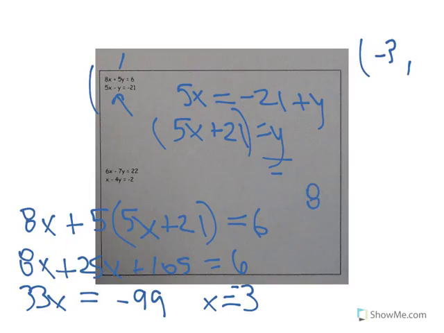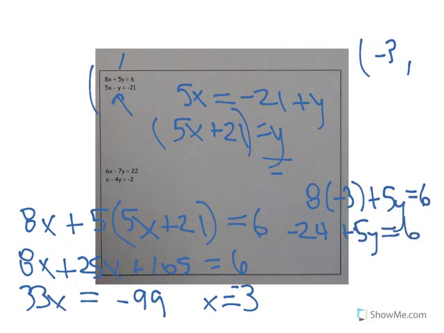So now I'm just going to plug that into one of these other equations. So 8 times that negative 3 plus 5 times y is equal to 6. So this is going to be negative 24 plus 5y is equal to 6.